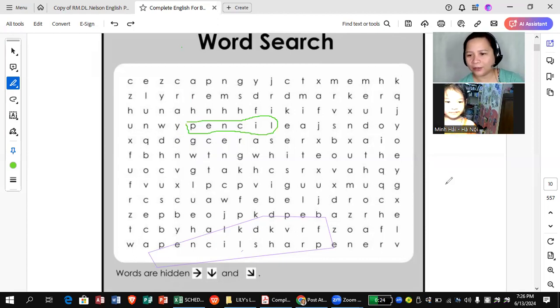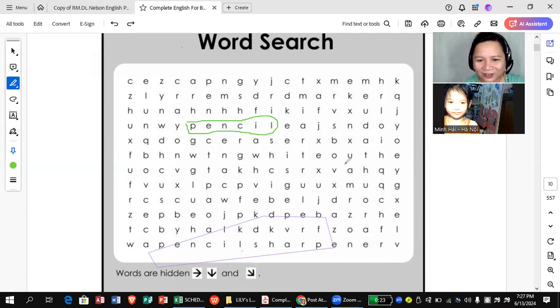How about eraser? Okay, who will find? Is it me or you? Oh, I cannot find. I want to find it first, so I will be the winner. Where is eraser? Where are you? Can you find it now?